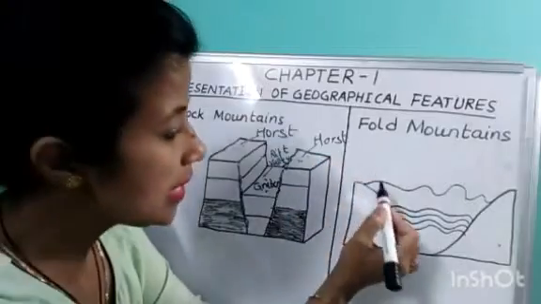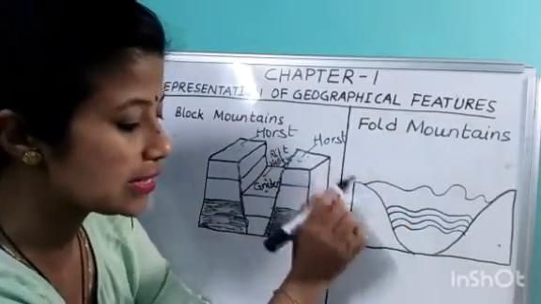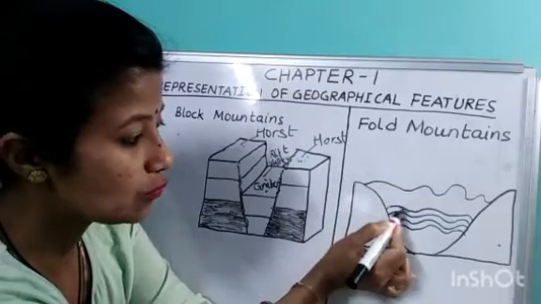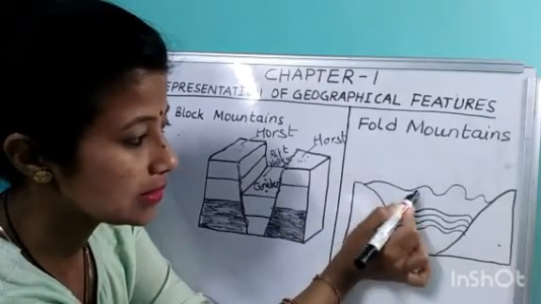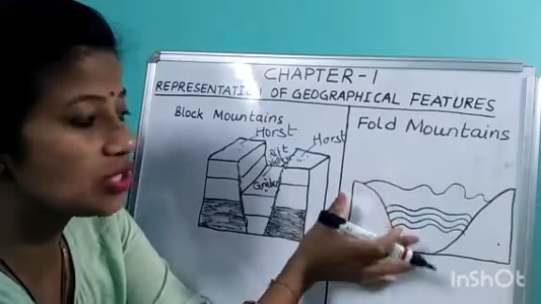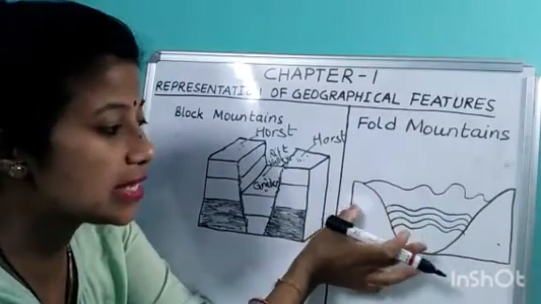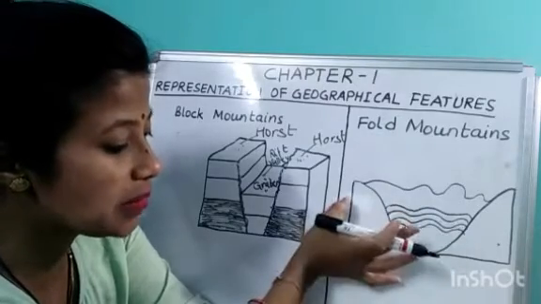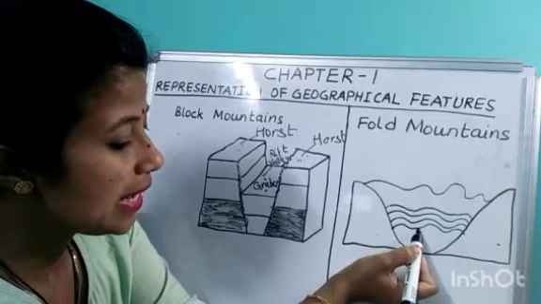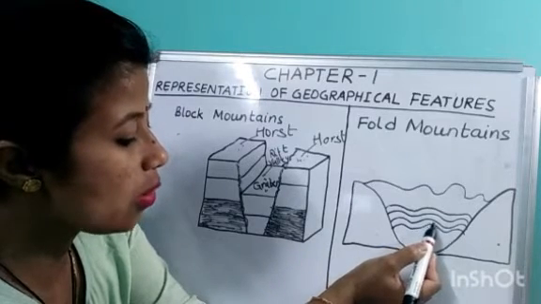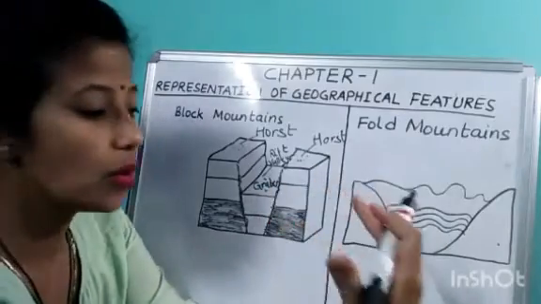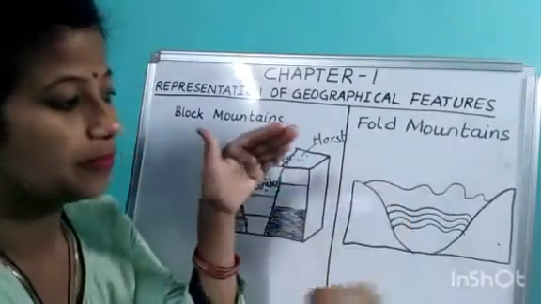Folding is the process that produces folds or bends. Here, folding is caused by great compressional forces acting on layers of rocks in the earth's crust. Okay, this is the fold.